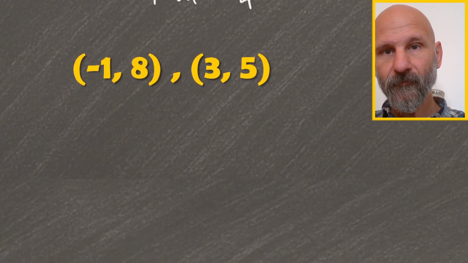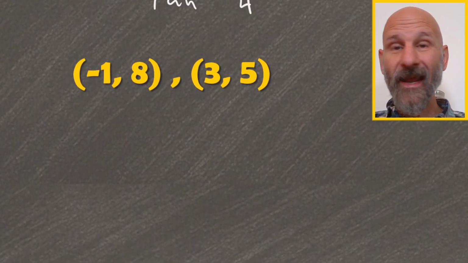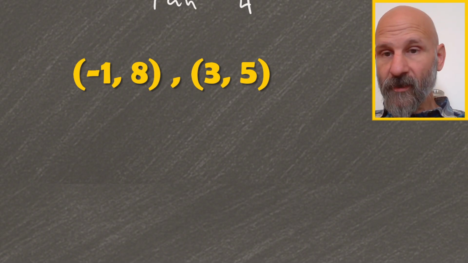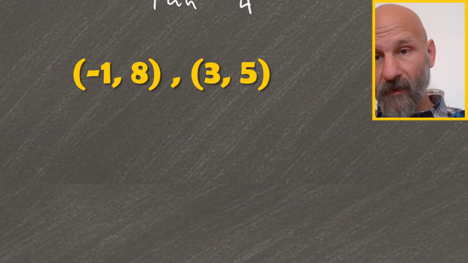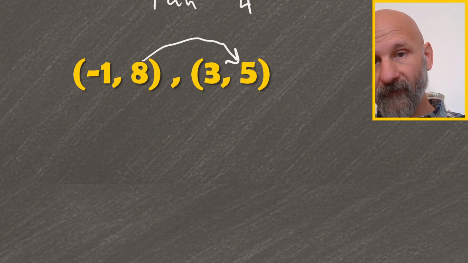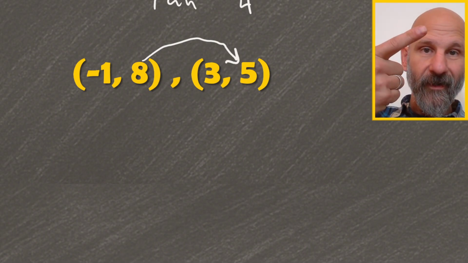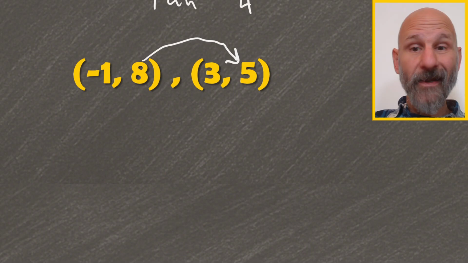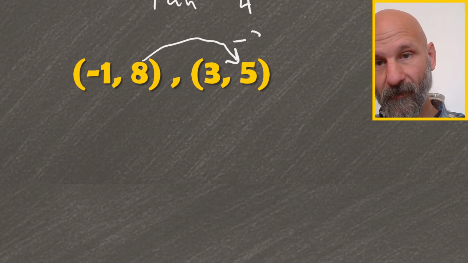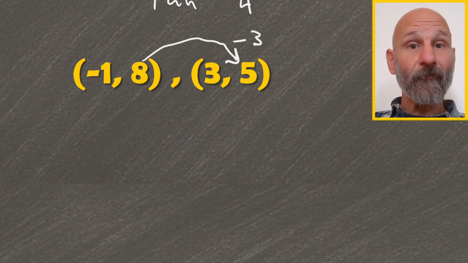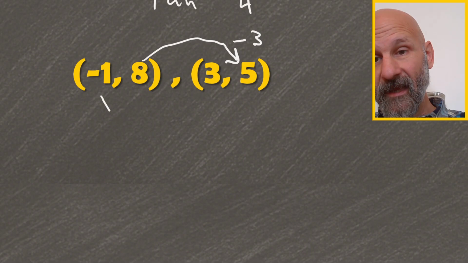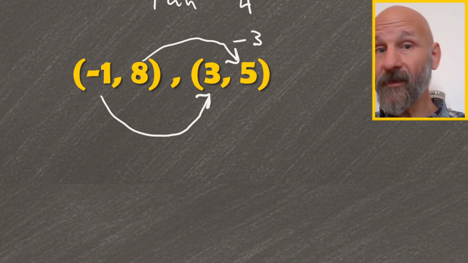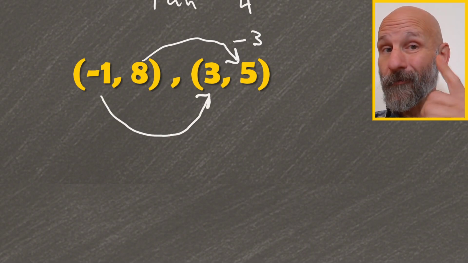All right, last one. Here we go. So look at the rise. We're going from 8 to 5. So 8, 7, 6, 5. It went down 3. So negative 3 for the rise. Now for our run, we're going from a negative 1 to a positive 3. Now this one's kind of tricky because it crosses over 0.